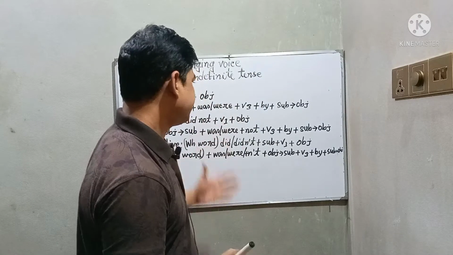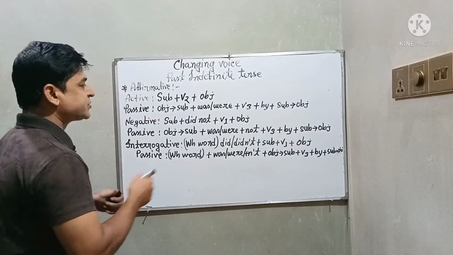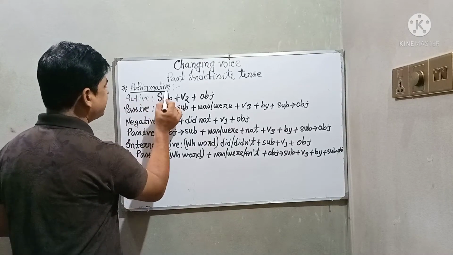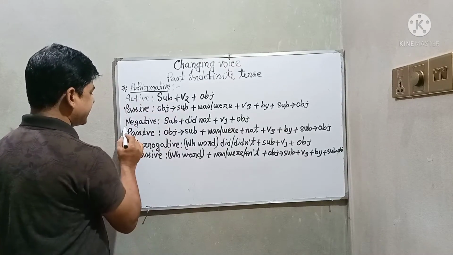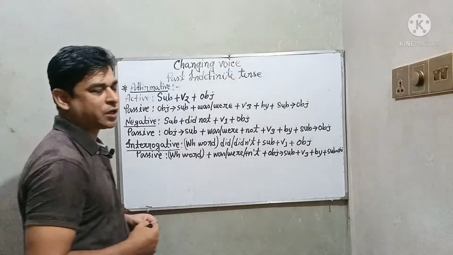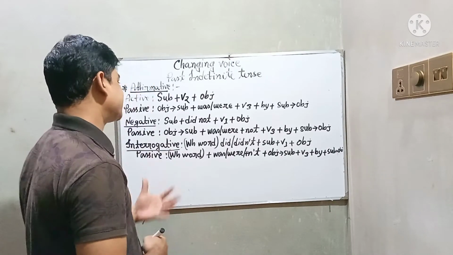So you will stay with me till I finish the lesson. My dear students, in past indefinite tense we will get affirmative sentence, negative sentence and interrogative sentence to change from active voice to passive voice.